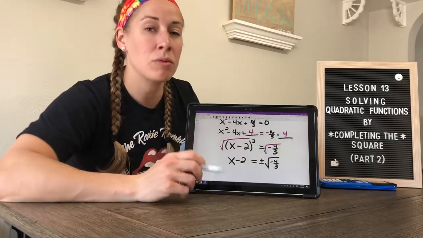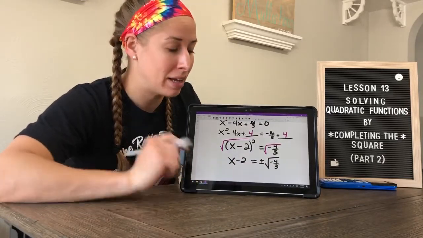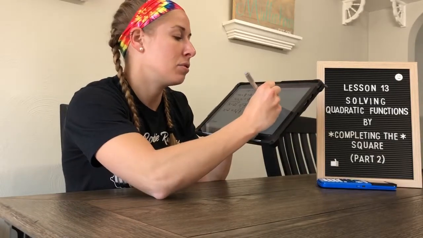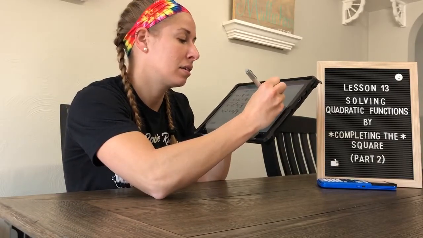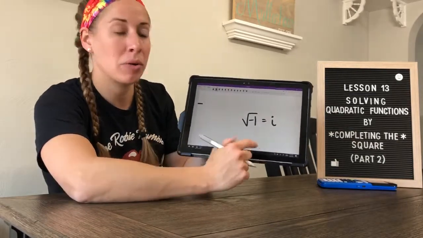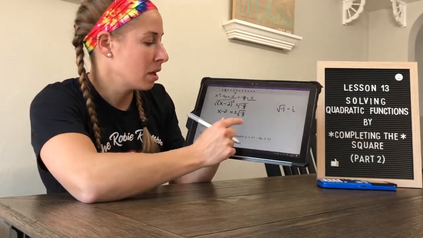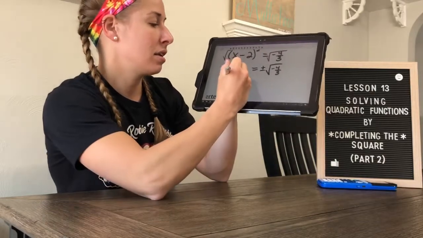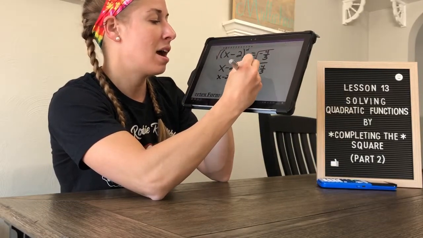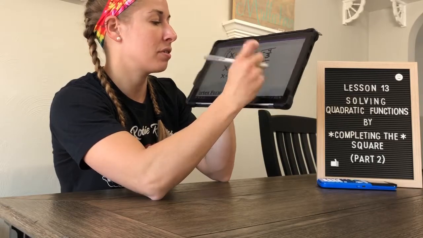So the square root of negative 1, we have talked about that a little bit. Square root of negative 1 is equal to i. So in order to take out the imaginary component, what this would look like is x minus 2 equals plus or minus i times the square root of 4 thirds.